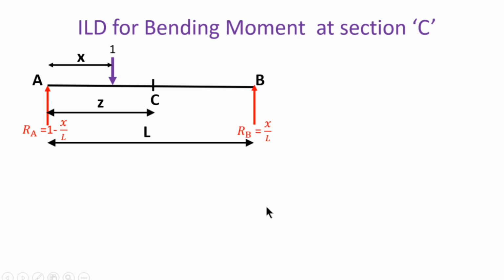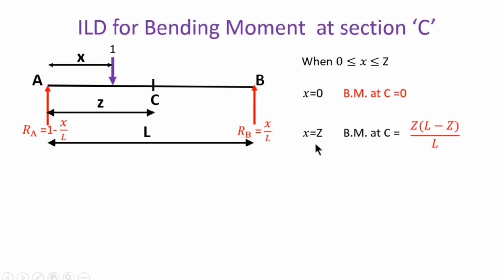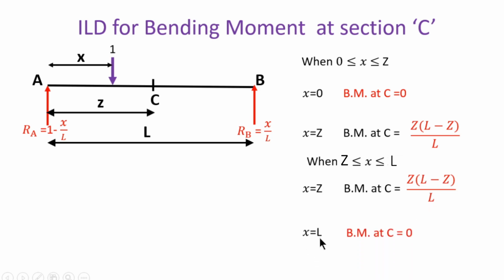So now we draw here the ILD for the bending moment at section C. When the limit is 0 to Z, x is equal to 0, bending moment is 0, and x equal to Z, bending moment is equal to Z in bracket (L minus Z) by L. Then the second condition, Z to L: x is equal to Z, bending moment at C is equal to Z in bracket (L minus Z) by L, and when x is equal to L, bending moment at C is equal to 0. So now we draw here the ILD.